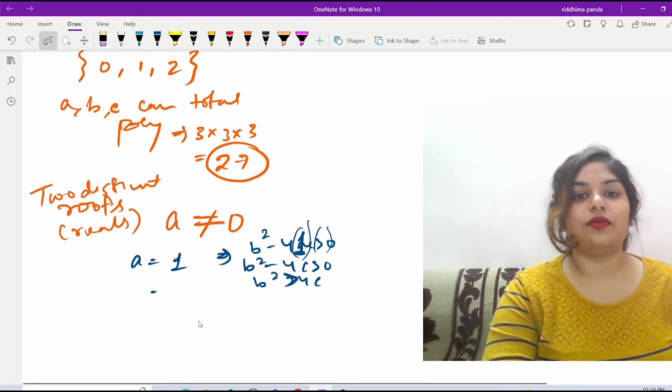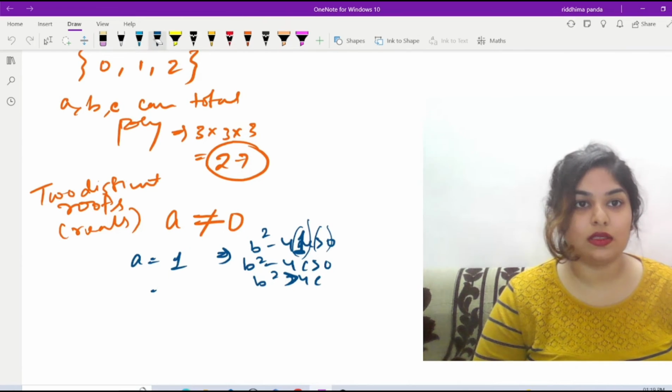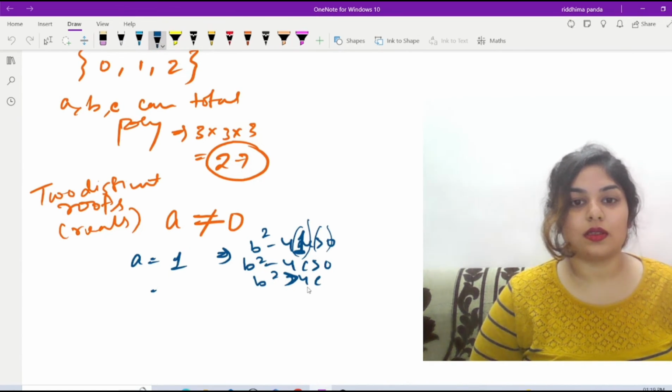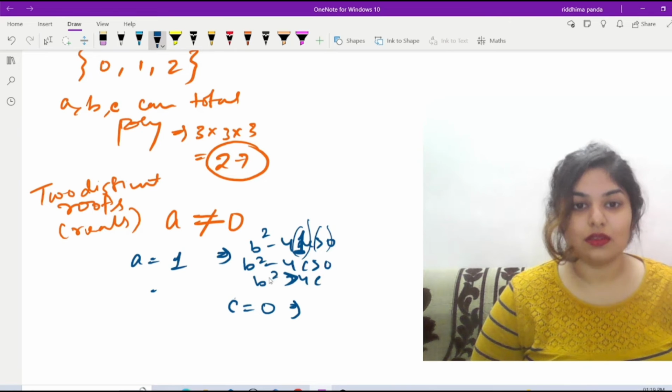Now b square greater than 4c, so b square cannot be 0. b square should be greater than 0, which means c is equal to 0, for which b can take any value, either 1 or 2.